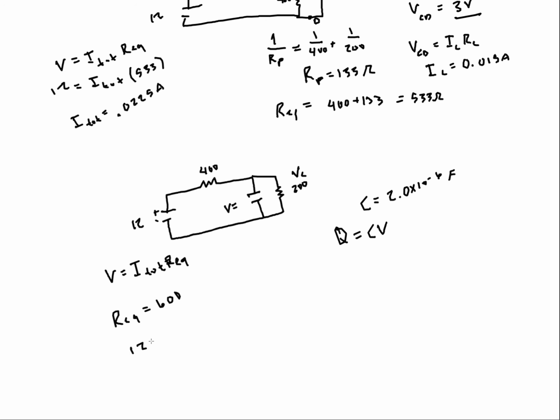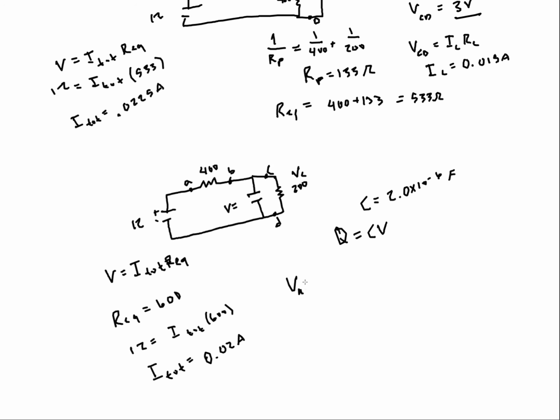So, solving for my current drawn, I total times 600 gives me a current drawn from the battery of 0.02 amps. Now I can use that to figure out my voltage drop across A, B, and then use that to figure out my voltage drop across C, D.